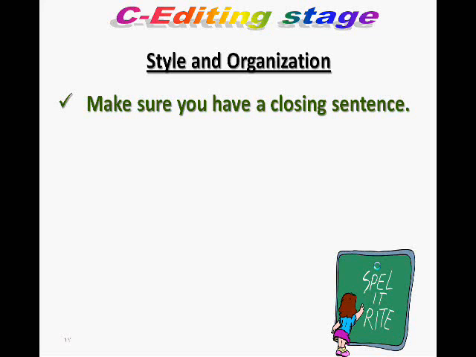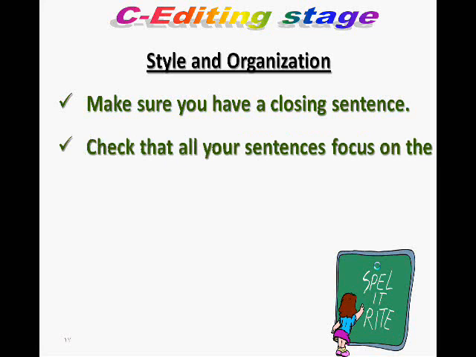Also, make sure you have a closing sentence. So if you have a topic sentence, then there should be a closing one. Again, check that all your sentences focus on the main idea. Make sure that all the sentences you are writing in your essay follow the main idea and build on it.